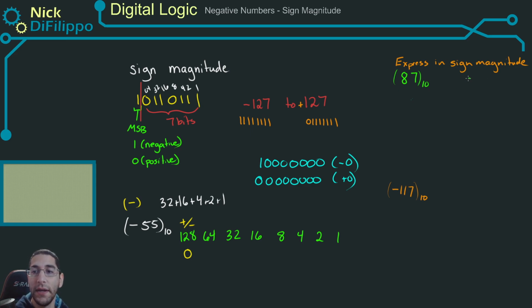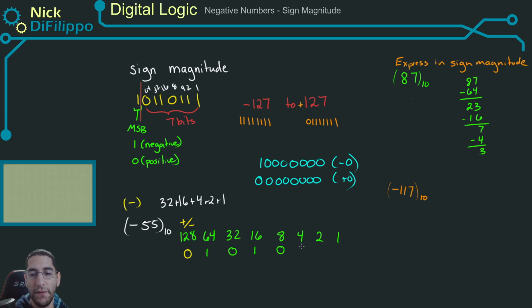To convert it to binary, we're going to take 87 and subtract out the biggest number that goes into 87, which is 64. This is a 23. That's my remainder. So we use 64. 32 is greater than 23, so we're not going to use 32. 16 is less than 23, so we can subtract out a 16 and we have a 7. 7 is less than 8, so we're not going to use an 8, but we can use a 4.